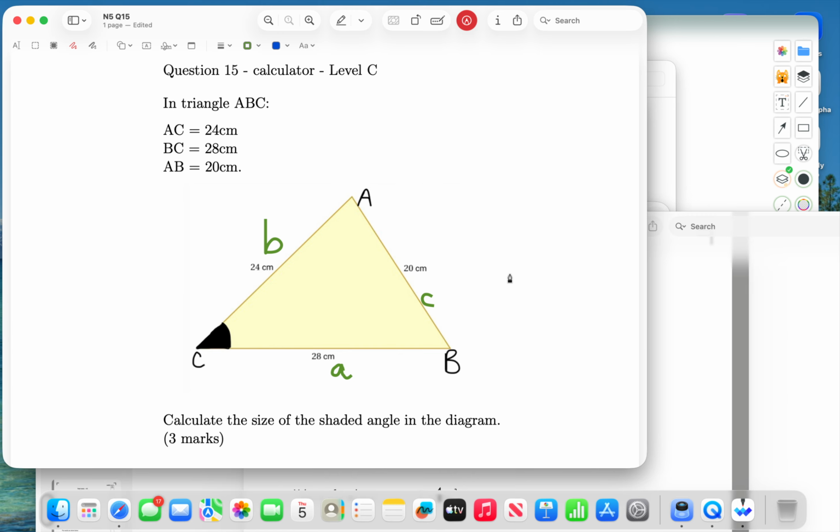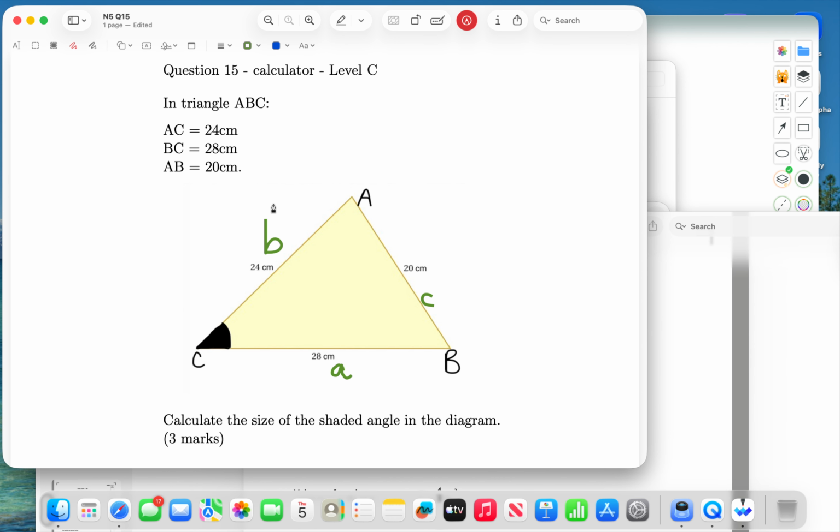So what information do we know? So we know AC, and for the purposes of trigonometry, we want to refer to side AC as a lowercase b.